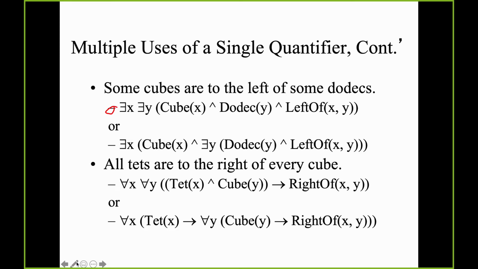Okay, so: existential x, existential y, Cube(x), Dodec(y), LeftOf(x, y). Now, the first thing you might notice is that we've added to our repertoire the variable y. But remember that a variable is a placeholder.